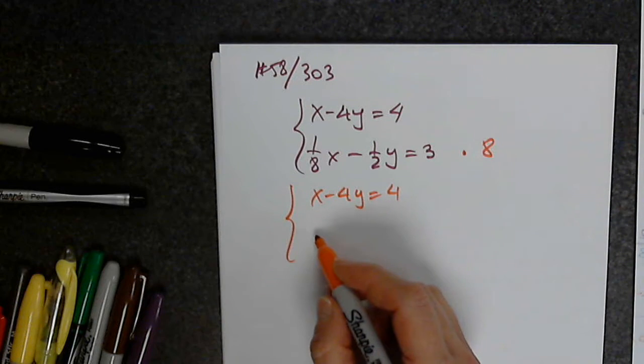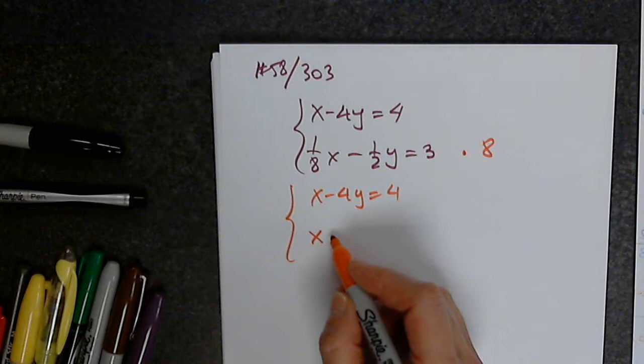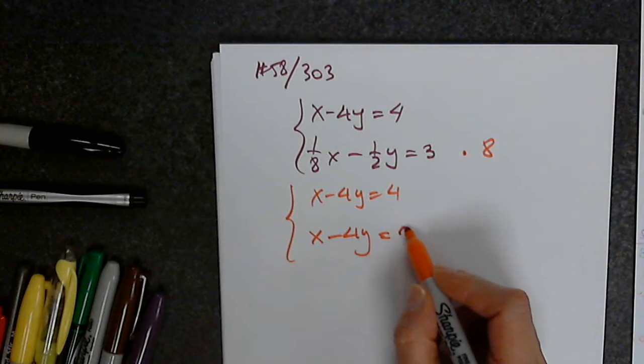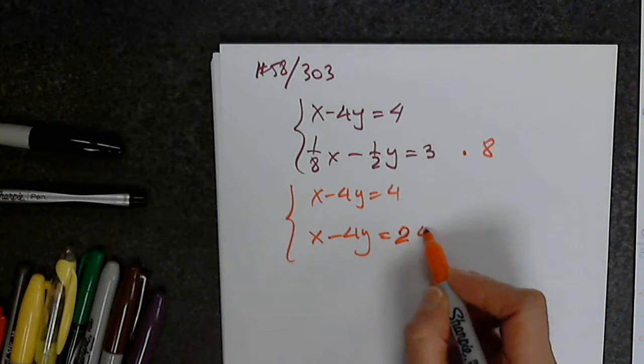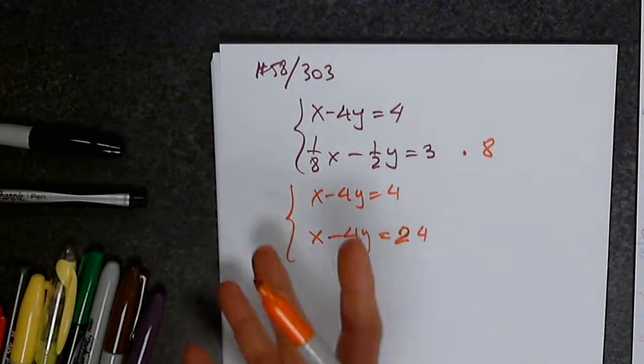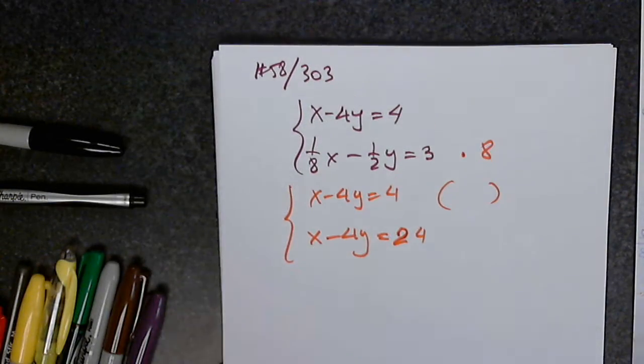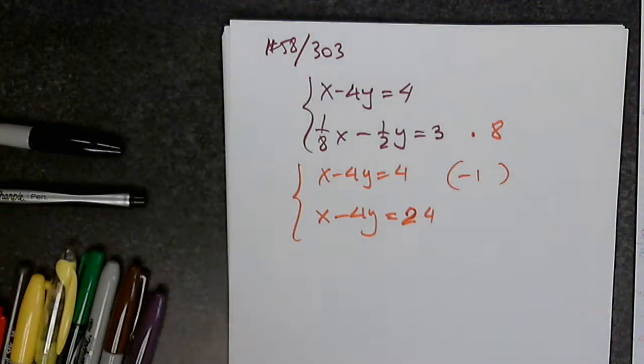So this is x minus 4y equals 24. Very good. So now I will obviously multiply the first equation both sides by -1. We never multiply by 1 because it's not going to make any difference, right?